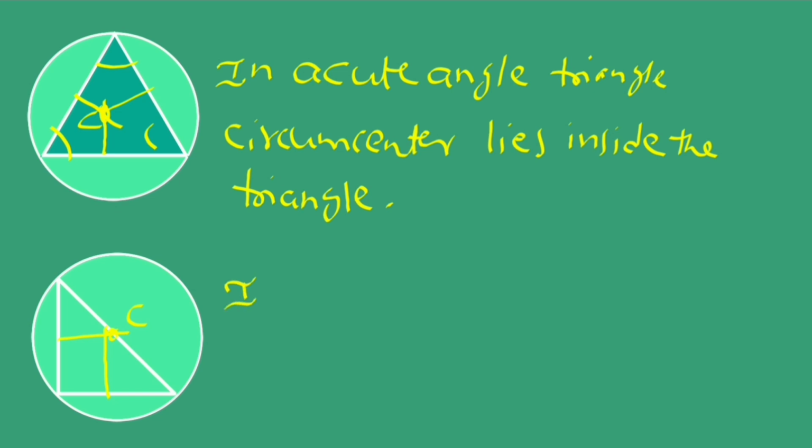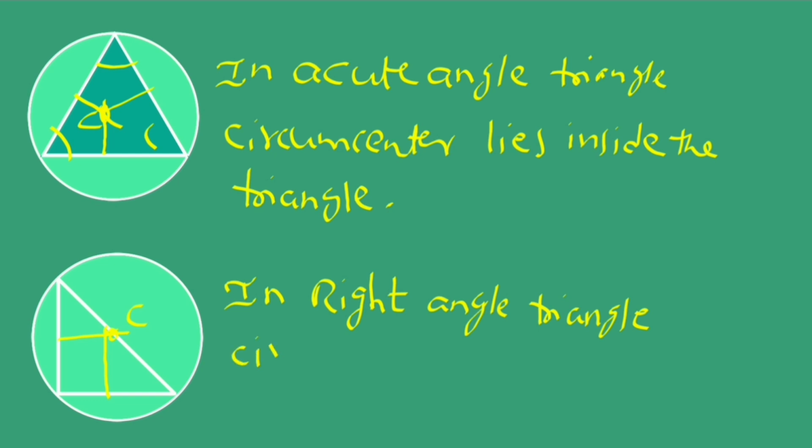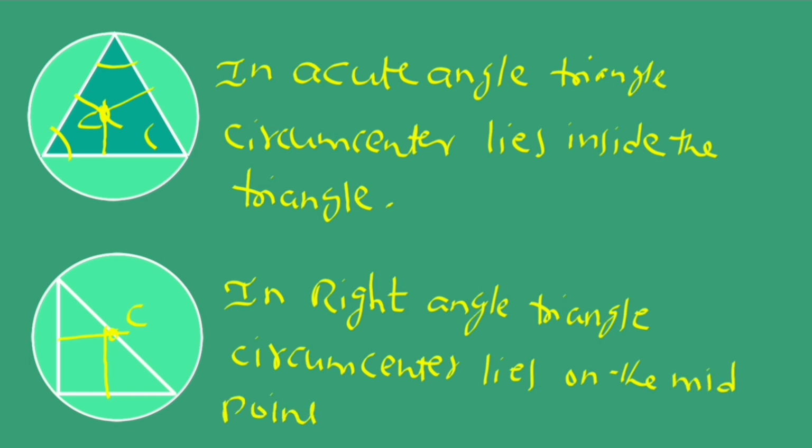In a right angle triangle, the circumcenter lies on the midpoint of the hypotenuse. Okay, remember these 2 points.